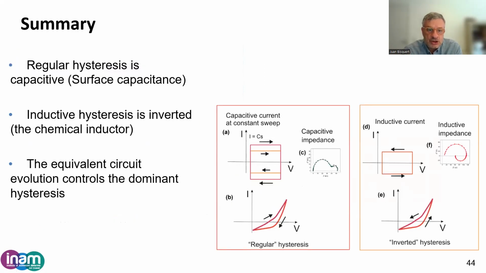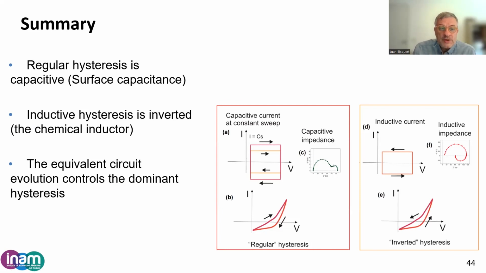So in conclusion, we have now a basic understanding of a correlation between JV curves and even time transients and capacitance response, because regular hysteresis is capacitive due to the surface capacitance of the halide perovskite, and inverted hysteresis is inductive due to the chemical inductor effect of the halide perovskite that is probably related to ion controlled recombination.